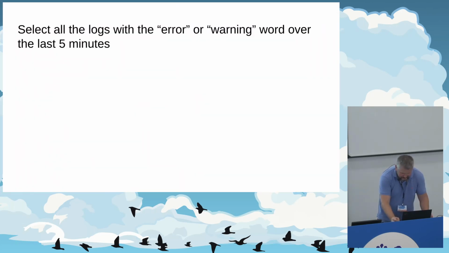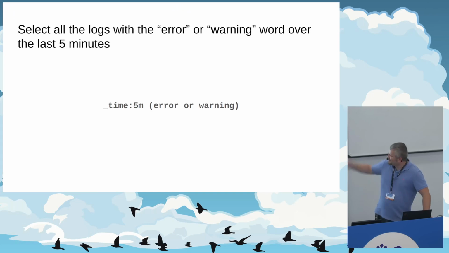So let's look at how to select logs with different words over the last 5 minutes. I guess you already know, because I already showed you how to select logs with different cases. Just use OR, and you can use parentheses in order to make the intention of the query more visible.